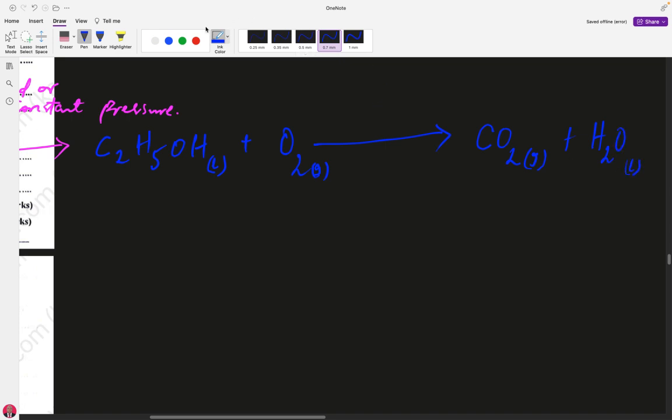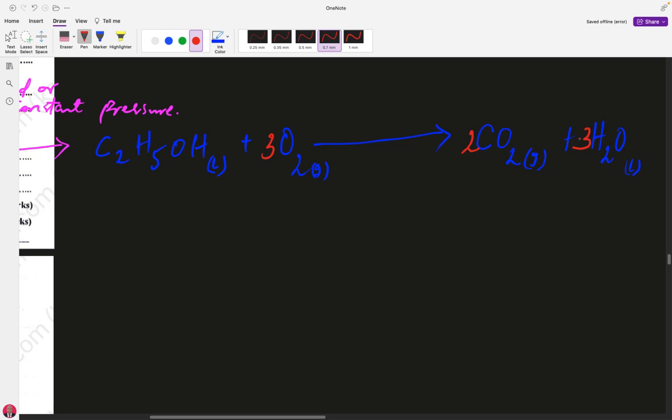Let's balance our equation. The balancing is 3 for oxygen. Here you have 2 carbons, and then how many hydrogens? 6, so 6 times 3. That is your equation.